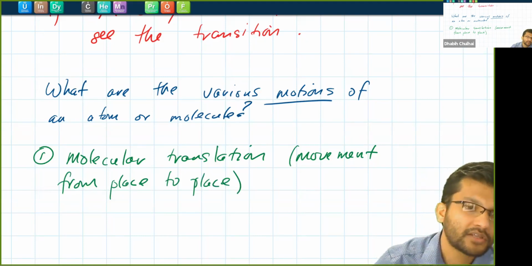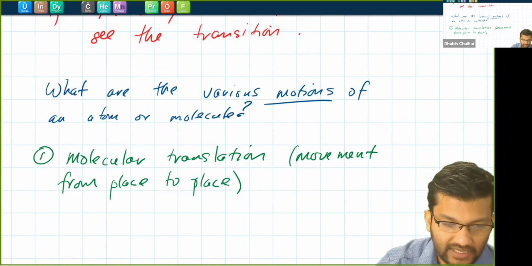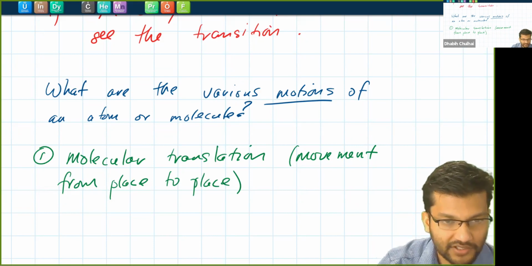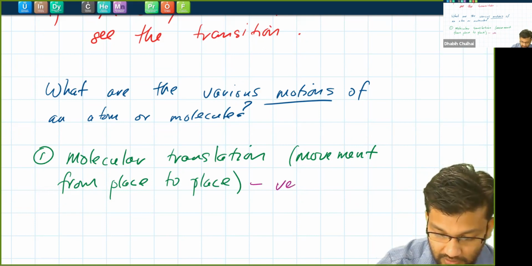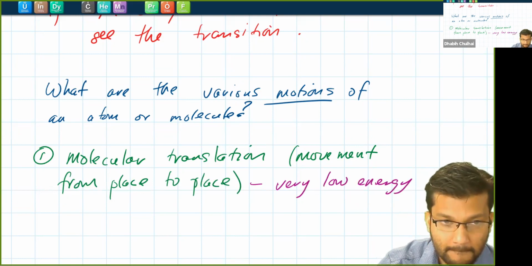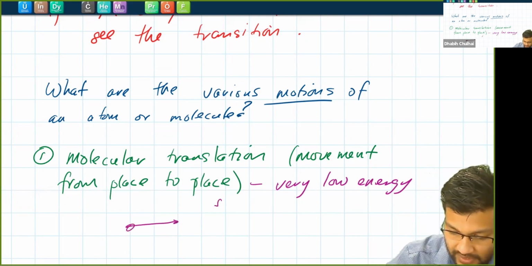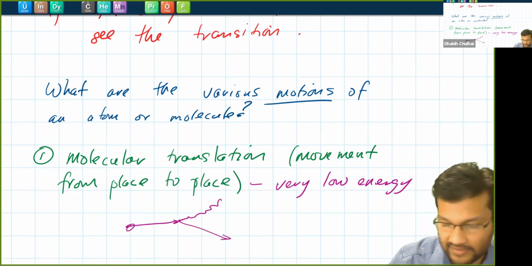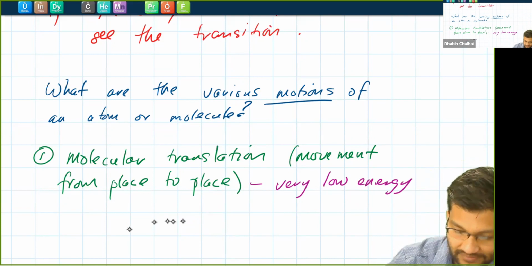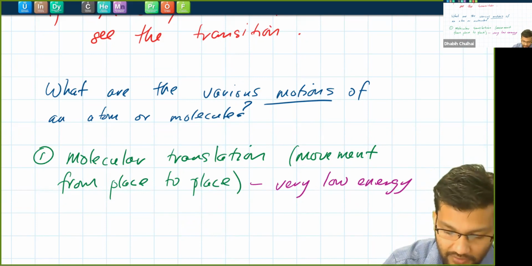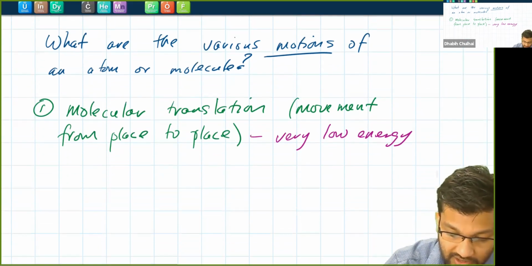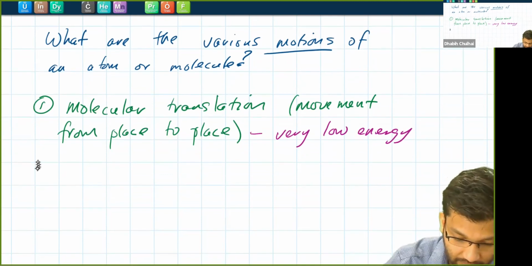When you think about a molecule moving from point A to point B, it doesn't require much energy, so this is very low energy. If you have a molecule moving in this direction, you can bring a light in and change the direction slightly and that sort of thing. But we're not really going to be interested in translational motion. I just wanted to point out that it is a possibility.